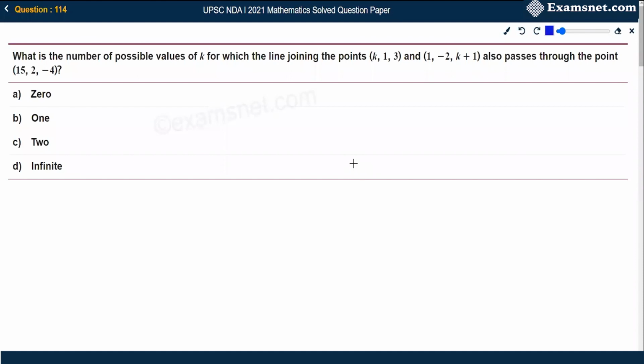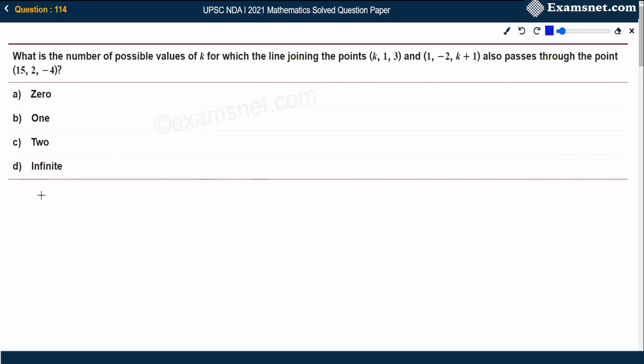In question number 114, it is given: what is the number of possible values of k for which the line joining the points k, 1, 3 and 1, -2, k plus 1 also passes through the point 15, 2, -4? Before we start solving, we will discuss a few concepts.